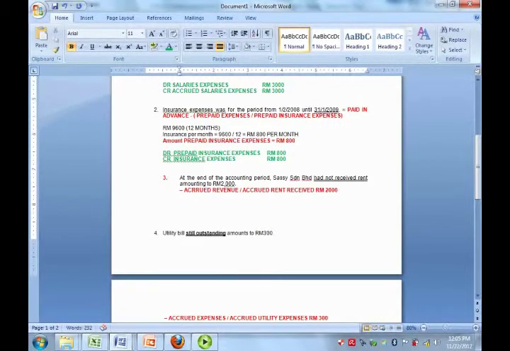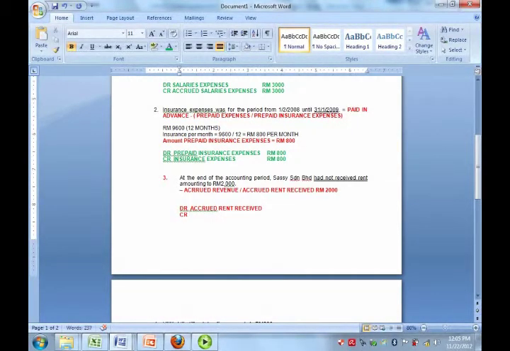Can I know class? Can I know what is the item? Accrued revenue. Is it current asset or current liabilities? Current asset. Because other parties still own us. Correct? So when current asset, we must put it as debit or credit. Debit, because it's current asset. Debit, accrued rent received.